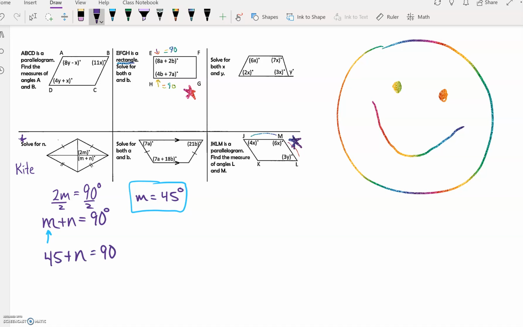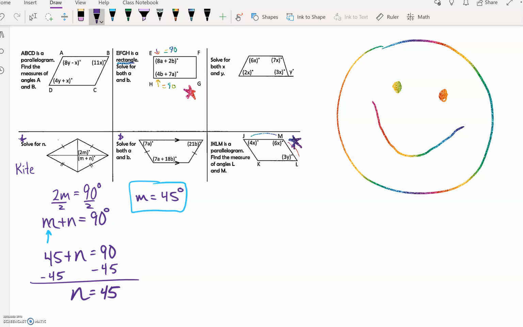So this makes it a pretty straightforward problem. We just subtract 45 from both sides, and we get n is equal to 45 as well. Okay. So that was one of the problems I wanted to do for you. And then let's go ahead and try this one as well.